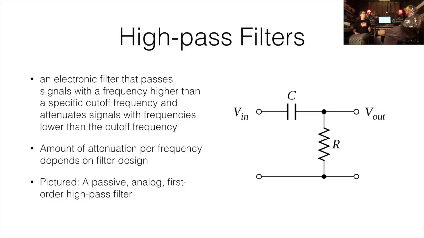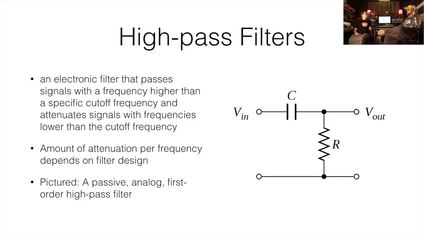All right. So what's a high pass filter? A high-pass filter is an electronic filter that passes signals with a frequency higher than a specific cutoff frequency and attenuates signals with frequencies lower than the cutoff frequency. Attenuates a little. It doesn't let them through at all.